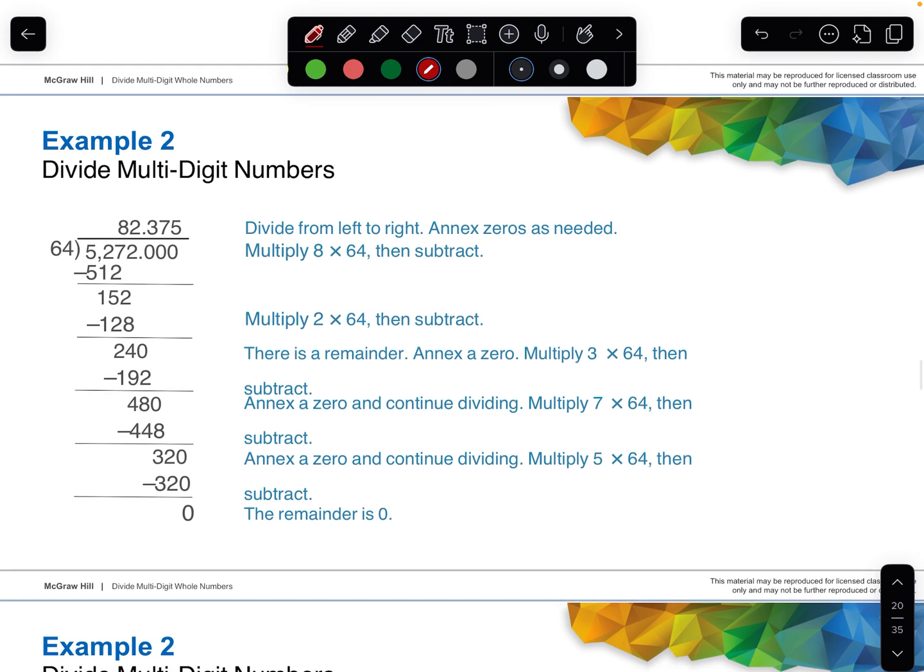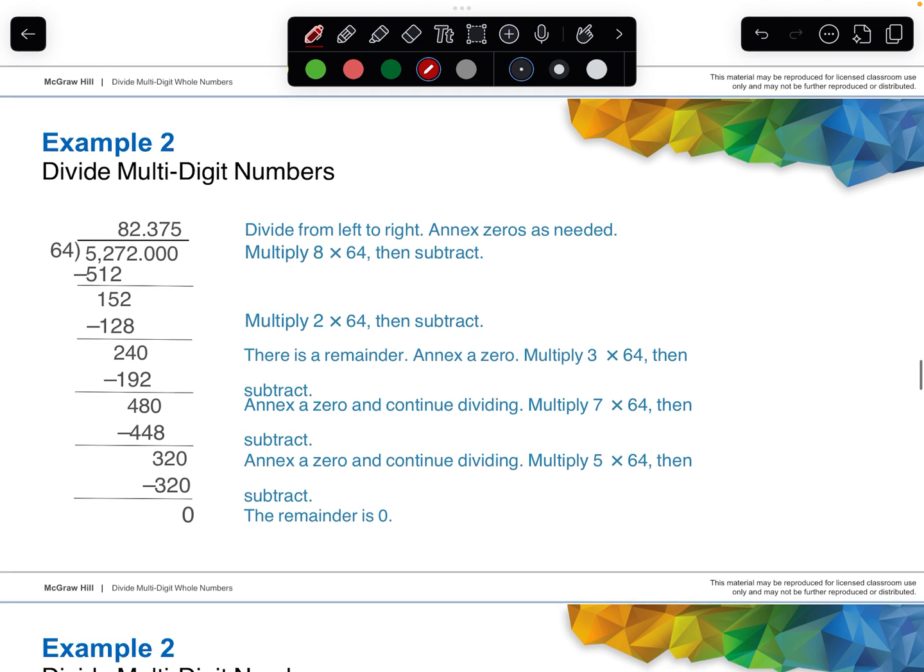Now, when we set up our division, 5,272 divided by 64, we're going to divide from left to right. We know that if I only had 52, that could not get divided, so I need to consider 527. 64 goes 8 times. Now how do we know 64 goes 8 times?